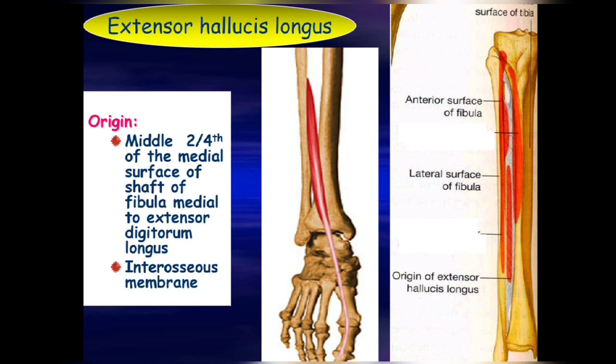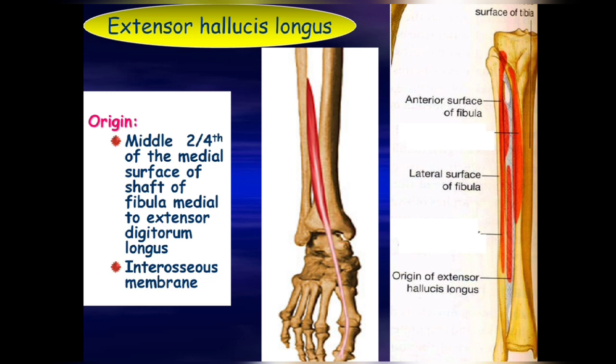Extensor hallucis longus origin is from middle 2/4 of medial surface of shaft of fibula, medial to extensor digitorum longus, and from interosseous membrane.